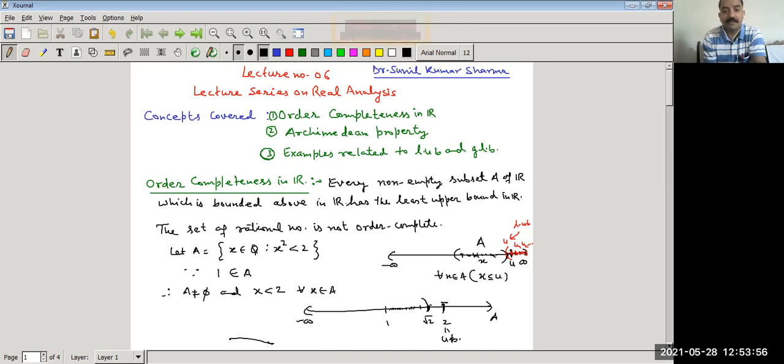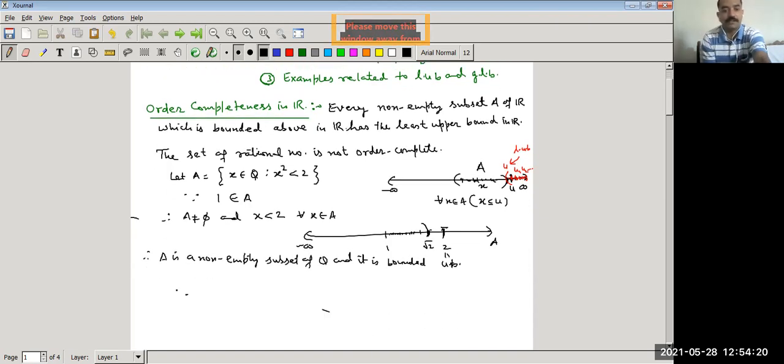So we can say set A is a non-empty subset of Q, and it is bounded above.